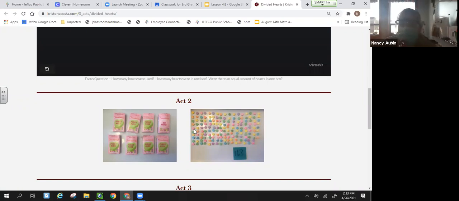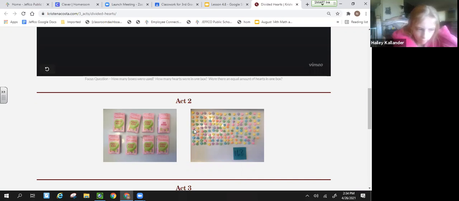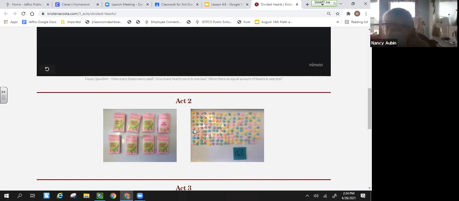So we have 8 boxes, write this down, and a total of 168 hearts. So if we know 8 boxes and there's 168 total, how many hearts are in one box?